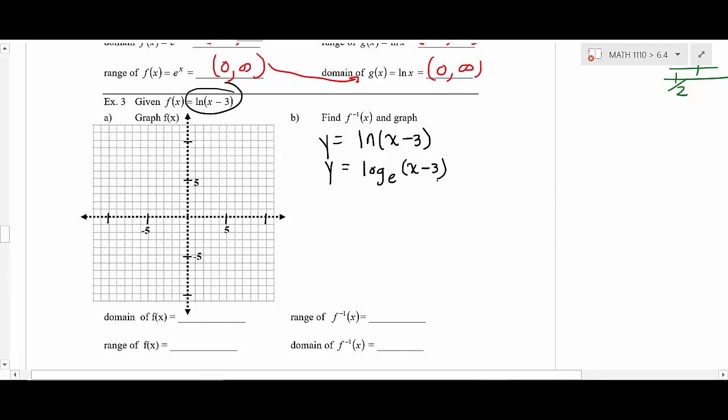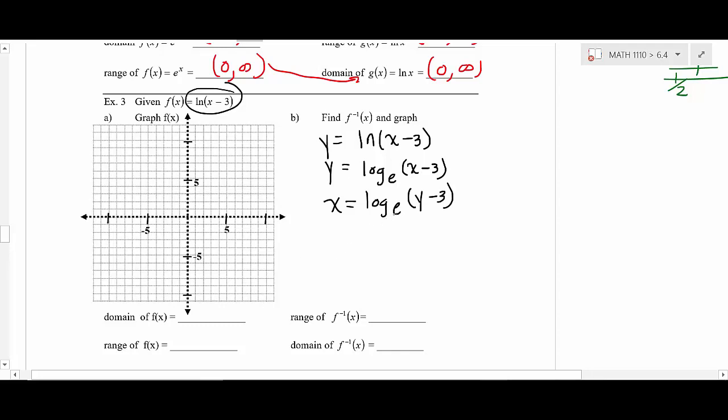Now we're going to find the inverse. So what you're going to do is switch the variables, so that y becomes x, and the x becomes y, like that. Then we're going to write that in exponential form and go from there.